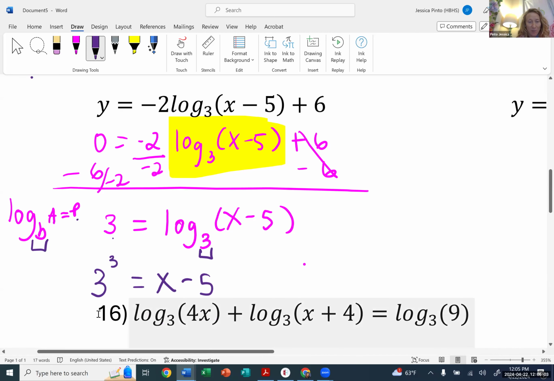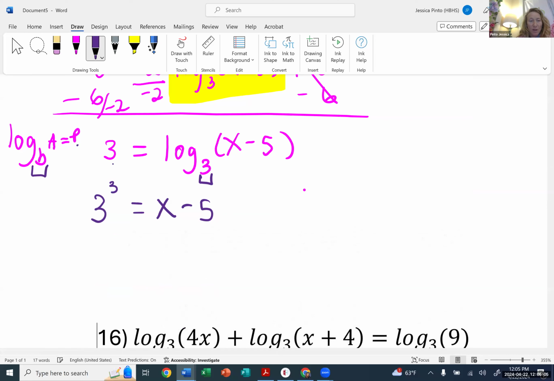Let me create more space for myself. 3 to the 3rd power is 20. Oops, I wrote 30. I meant to say 27. And that equals x minus 5. Don't get this wrong in the last step. We're going to add the 5, and we're getting x equals 32.